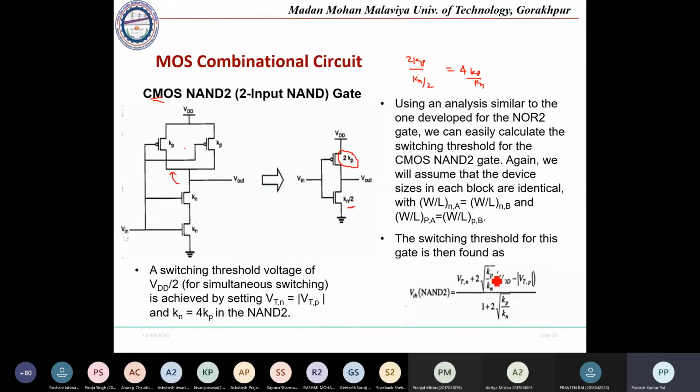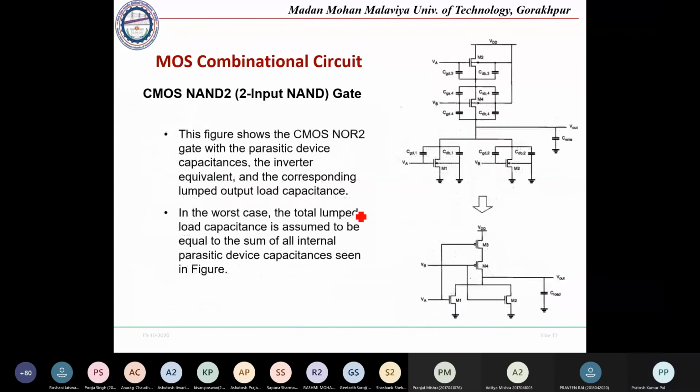So for the Kp by Kn value, we will be replacing it by 4 Kp by Kn. If it is under root, a 2 will come out here, and similarly a 2 will come out here. The same formula will be used once we convert it into an equivalent form of inverter. These are the parasitic capacitances. Different associated parasitic capacitances are there, and only capacitance will be considered.